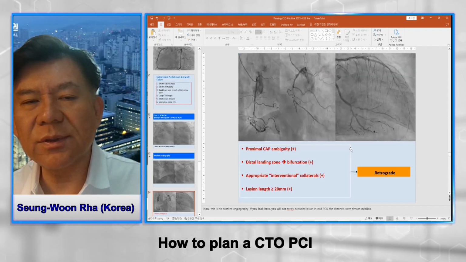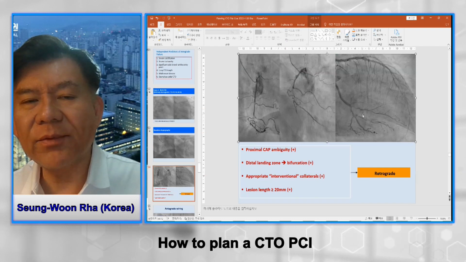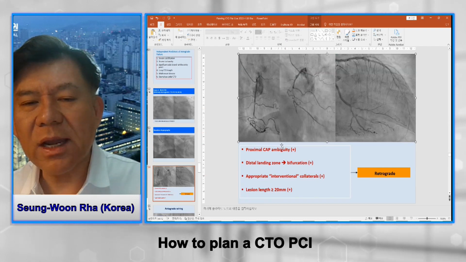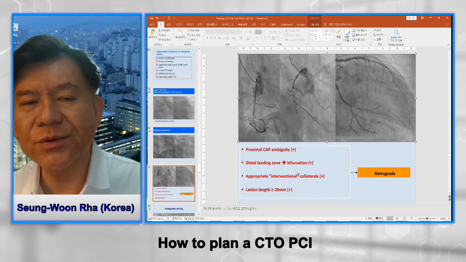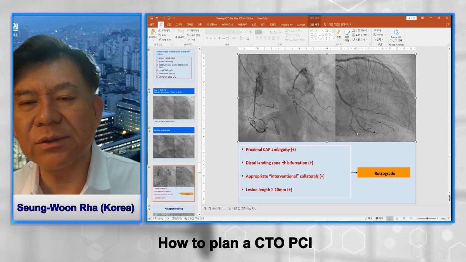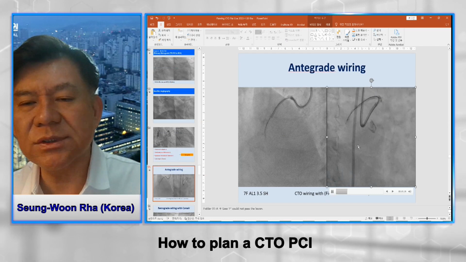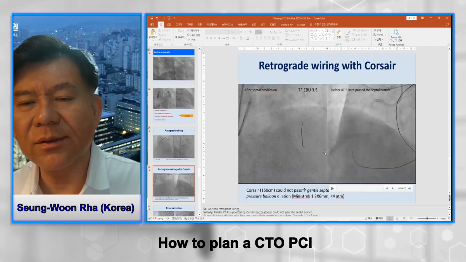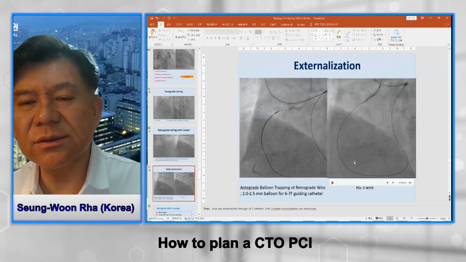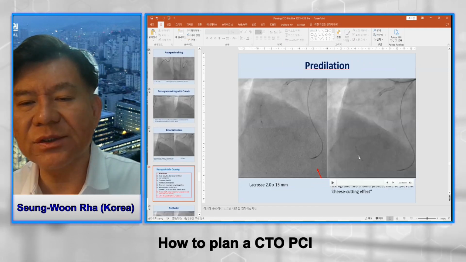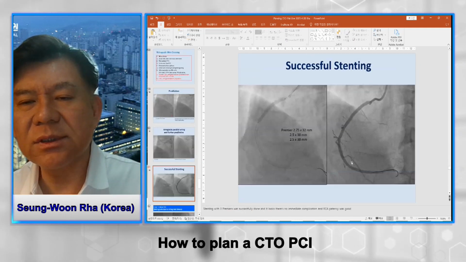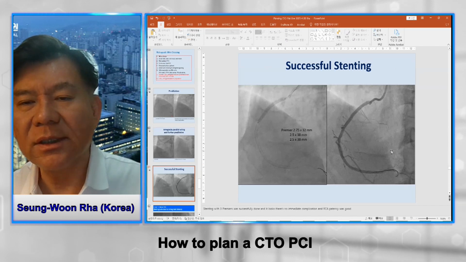With this kind of short attempt, we can make a perforation. With these four components, you can assume whether to go to the anterior retrograde. So with a short attempt of this anterior approach, we made a perforation. So we just switched to the retrograde, quickly finished the retrograde approach, and had a nice result.